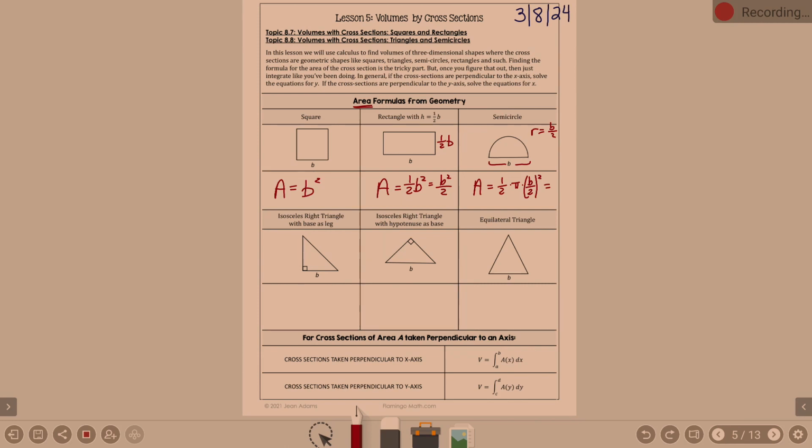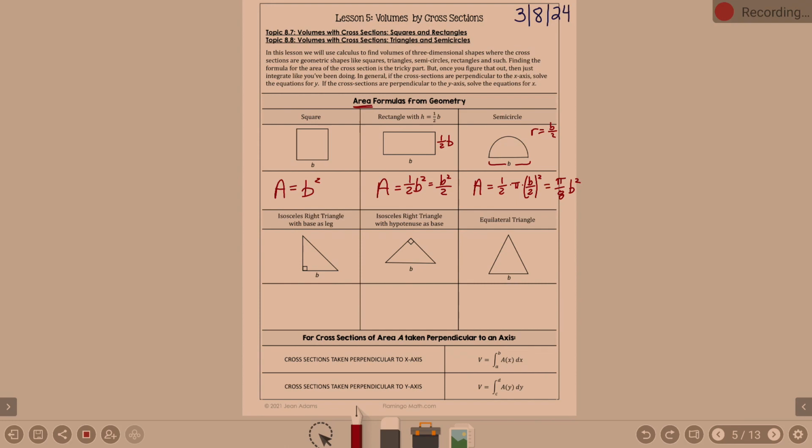Do we understand the 8? B over 2 squared becomes B squared over 4, times this 2 is the 8. And I'm going to write it as pi over 8 B squared, but it's the same thing as 1/8 pi B squared, yes?